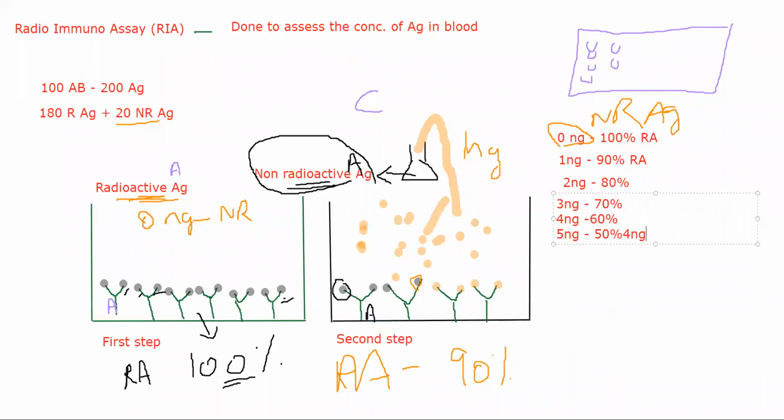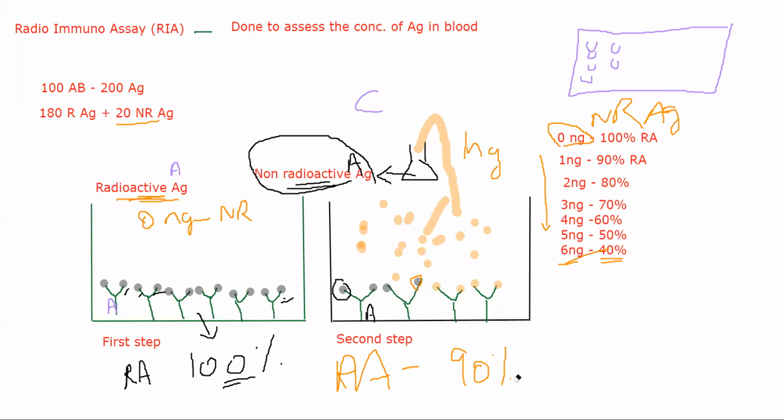For 6 nanograms I have 40%. Now you can see from this table, as I go down, the concentration of non-radioactive antigen increases. Corresponding to that, the amount of radioactivity decreases, because the non-radioactive antigens are replacing radioactive antigens. The radioactivity is decreasing.